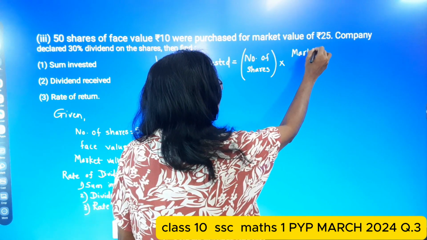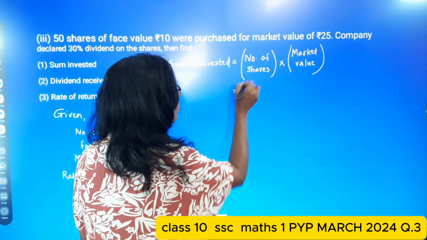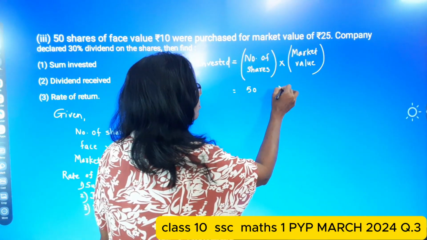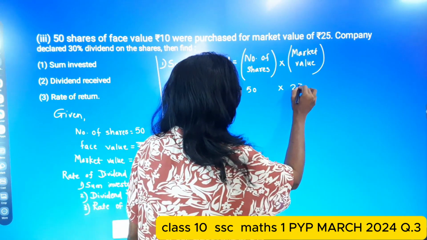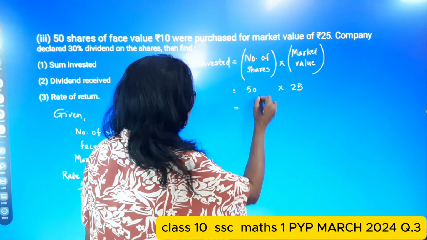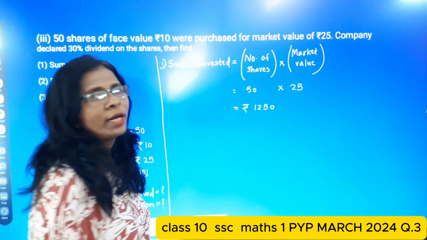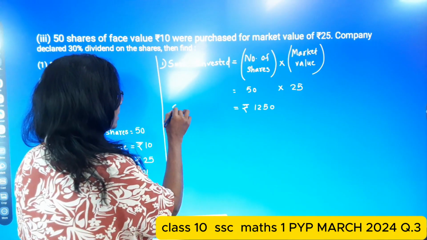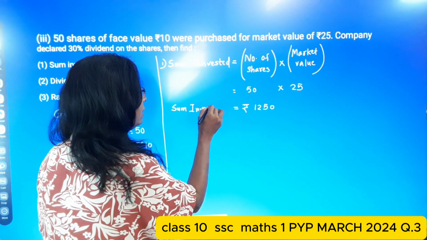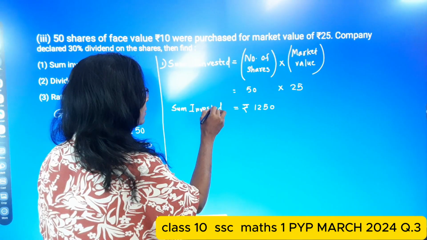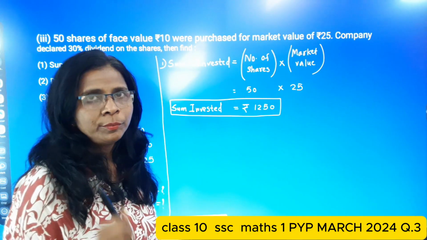Here the number of shares is 50 and the market value is 25. So 25 fives are 125 and 0, that means rupees 1250. Sum invested is equal to rupees 1250.